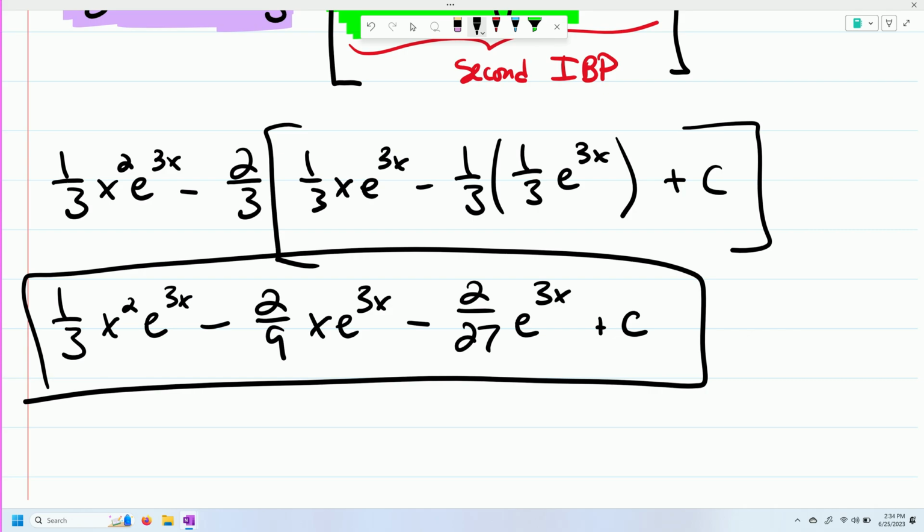And here is the problem. This is a fully online course, so WebAssign is going to expect you to simplify this. So make sure you take your time with the algebra. No rush. And if I were you, I would just try some things.